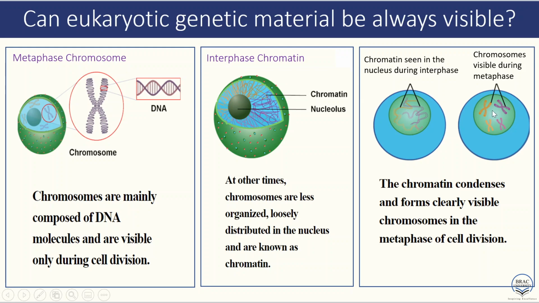But when it is highly condensed in this X shape, when the DNA has undergone replication and the sister chromatids are present, then this well-known compacted chromosome structure is visible under the microscope, especially in the metaphase of mitosis. So going to the next slide.